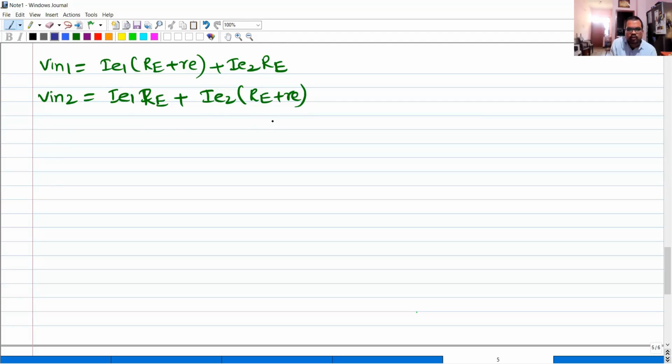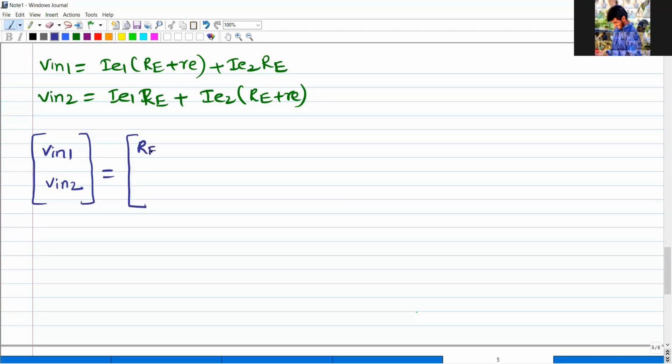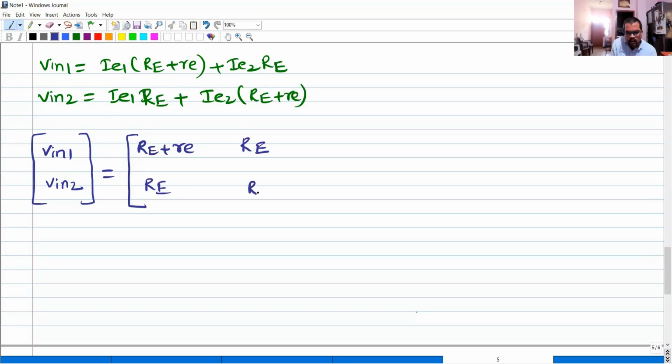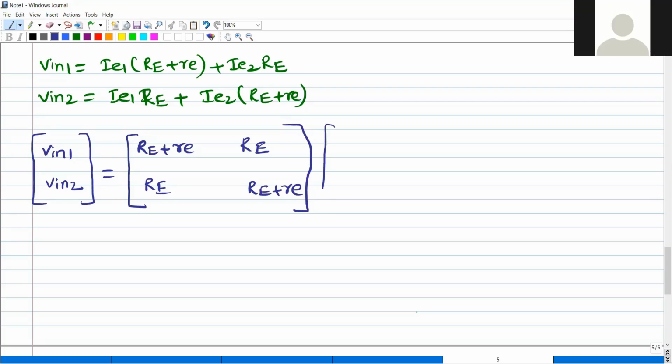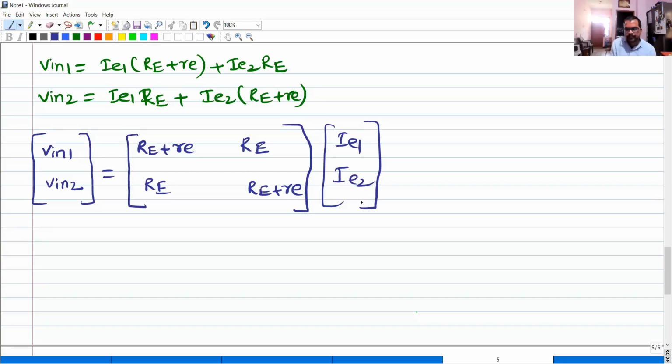First Vin1 and Vin2 on the input side is equal to the matrix of RE plus RE, RE, RE, RE plus RE, into IE1 and IE2. Is it right?